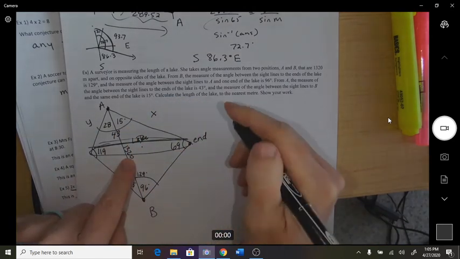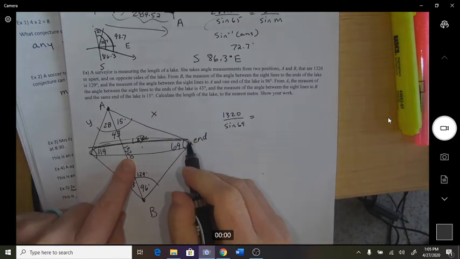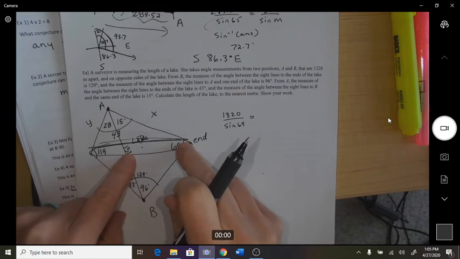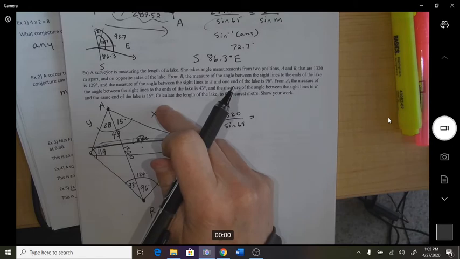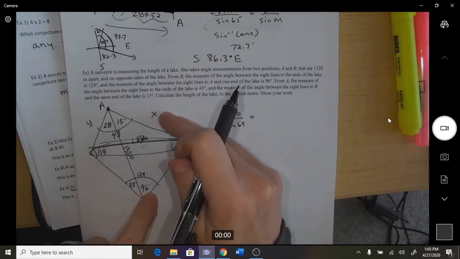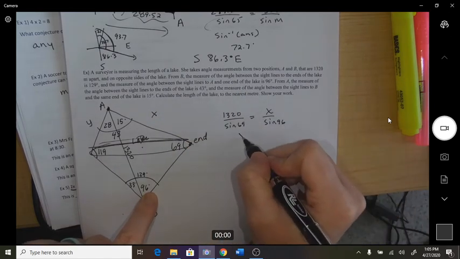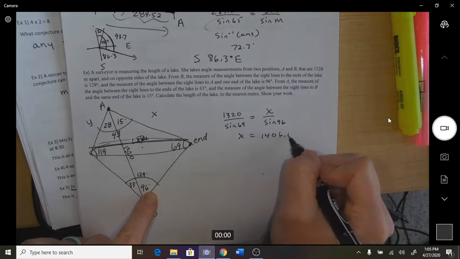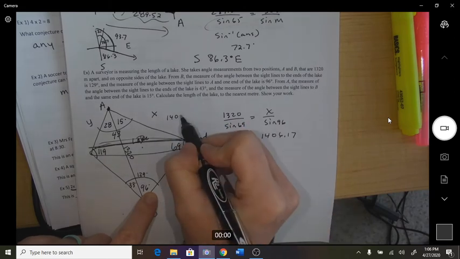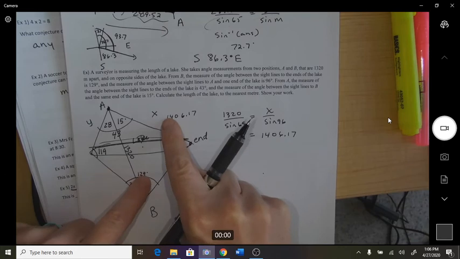Okay, so here we go. 1320 over sine 69, and that equals X over sine 96. Okay, times divide, 1406.17. So that was that sine law.